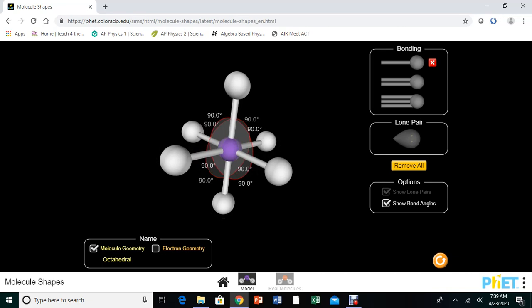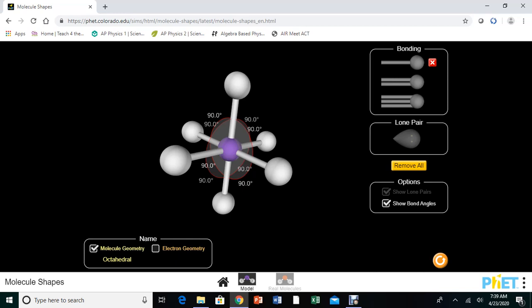So adding bonded atoms, adding lone pairs of electrons severely change the molecular geometry. Lone pairs are going to repel each other more.